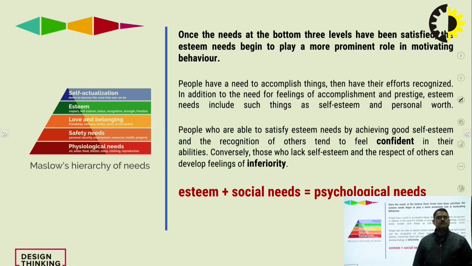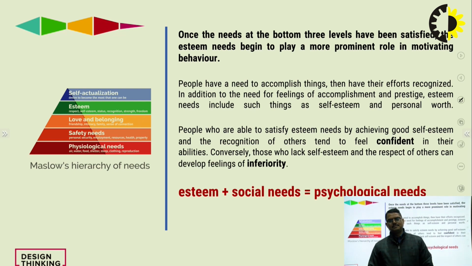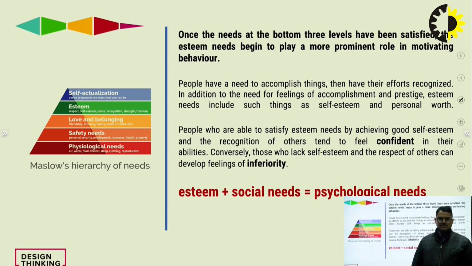The next thing is the need of esteem. If you are living with a family, with friends, you have a lot of friends, some attachments, some relationships, then suddenly or gradually one more need arises. Now we start thinking about esteem. During love and belongingness, we want others to accept us as we are.